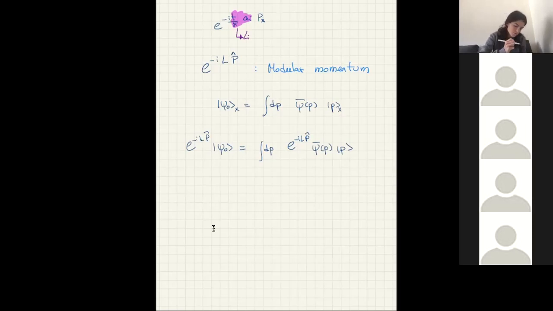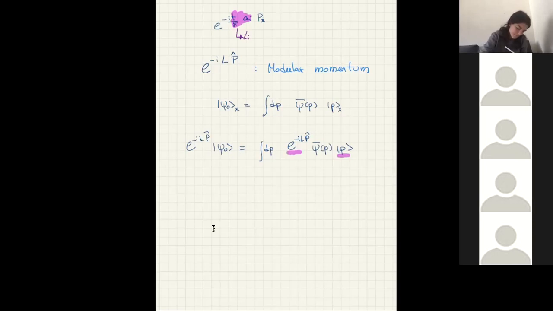And now this thing is essentially a number. Let's see how this operator acts there.